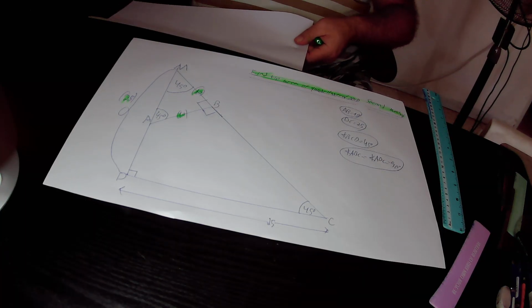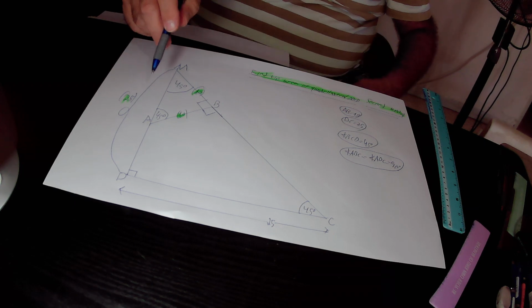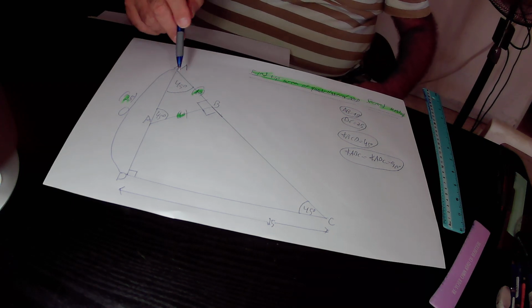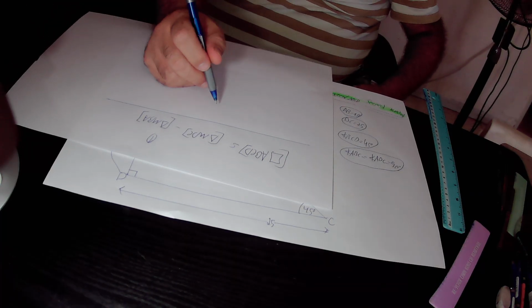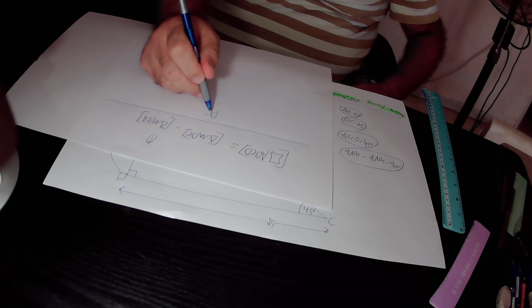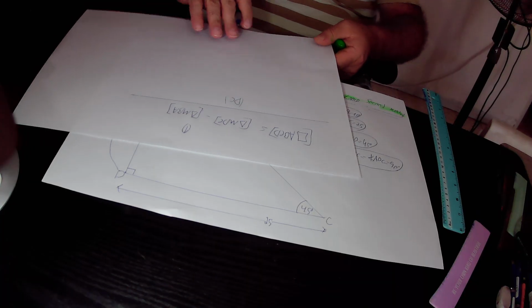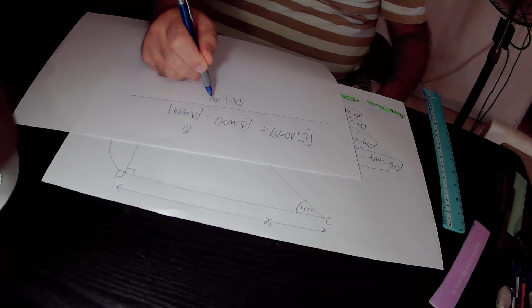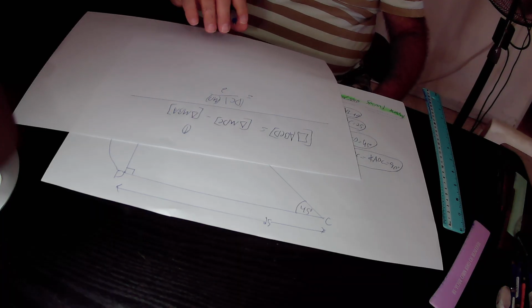The area of the big right triangle MDC equals the base DC times the height DM over 2, minus the area of the small right triangle MBA.